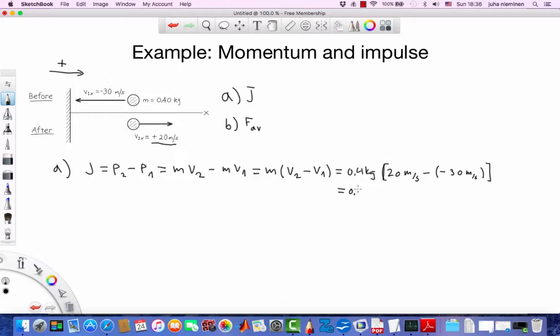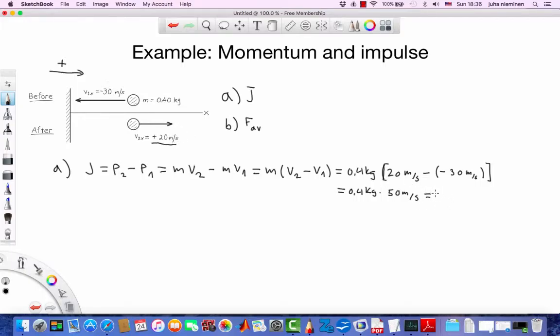So it's one more intermediate step. We get 0.4 kg times 50 meters per second. The velocity of the ball is changed by 50 meters per second. Not only its magnitude changes, but also its direction.